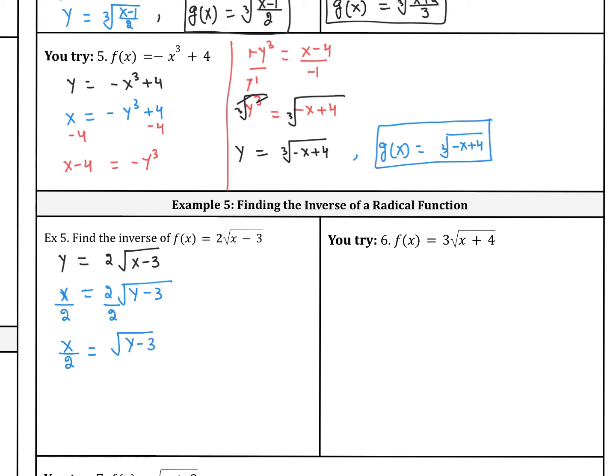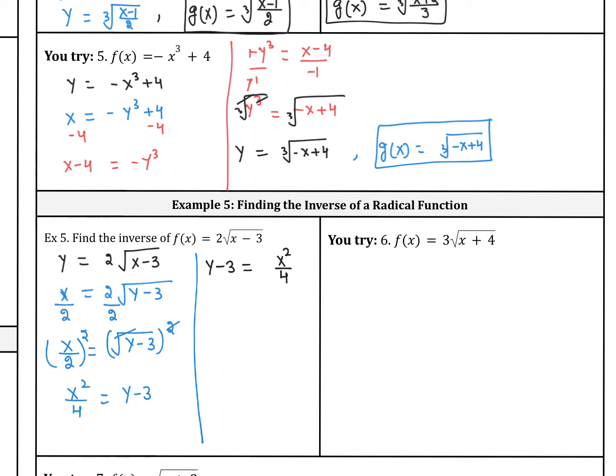Now you're going to remove the square root because you're going to solve for y. When you remove the square root, you have to square both sides. So here we got x squared over 4 equals y minus 3. So what you got here is y minus 3 equals x squared over 4.